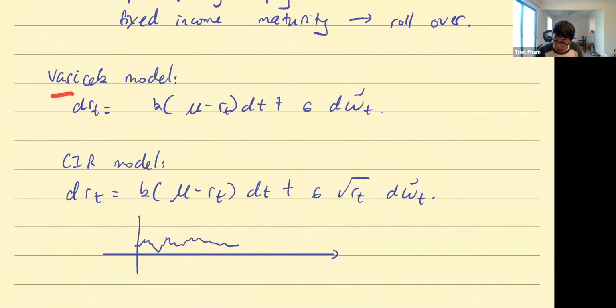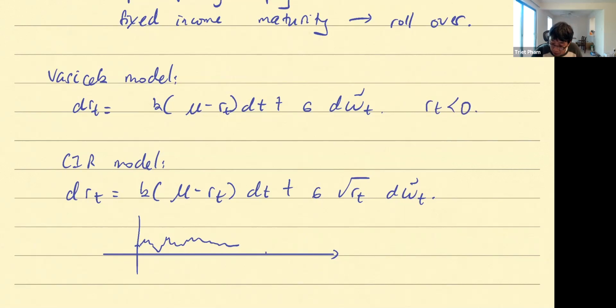The Vasicek does not have this square root term. The effect of this is that the moment you touch 0, the Brownian motion can pull you down under. So in the Vasicek model, r_t can be negative.